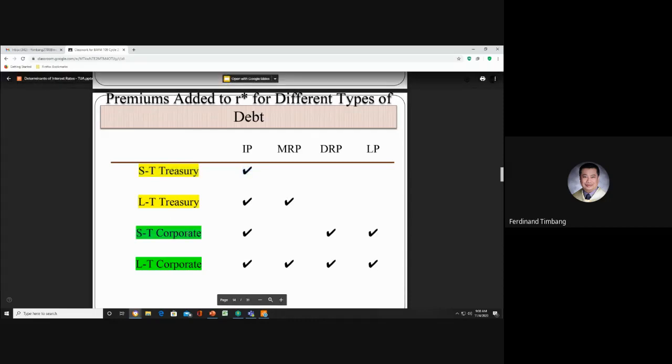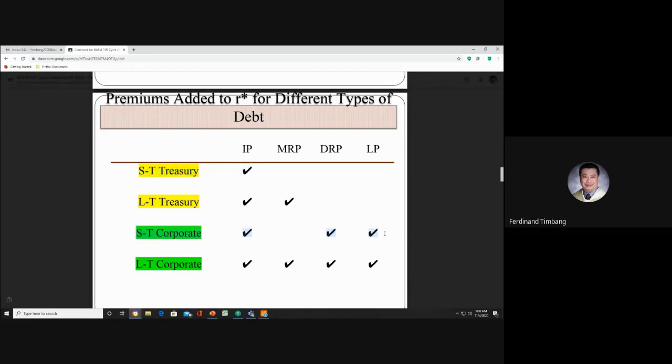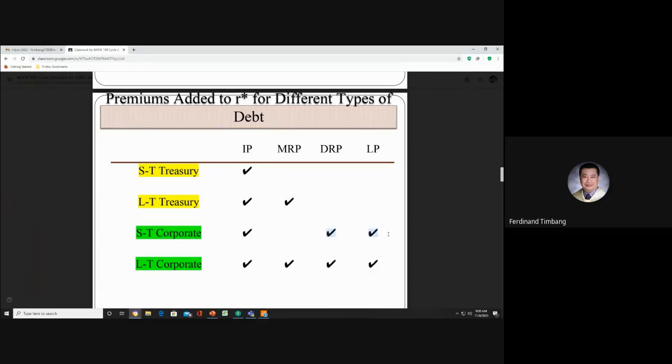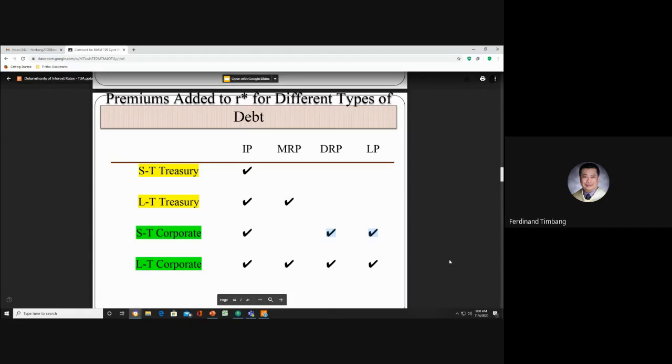Pero si short-term corporate, hanggang liquidity premium and default risk premium. But it has no maturity risk premium para sa parehong short-term. So basically, the difference between the government security and the corporate security, you only have the default risk premium and the liquidity premium.